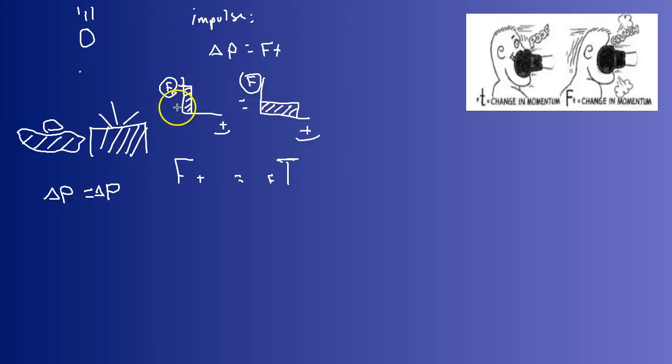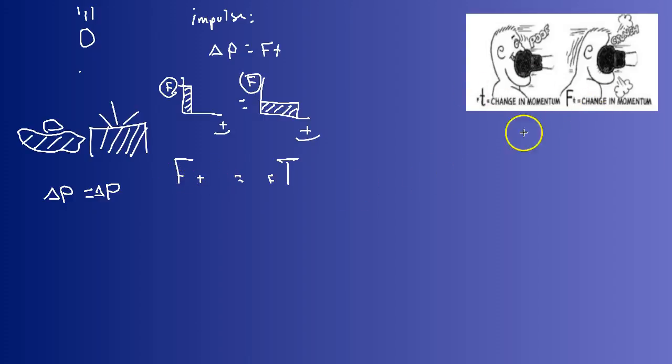Okay? And so if we were trying to drop the egg and protect it, the key would be to minimize that force. And if you're trying to break the egg, you will want to get that force to be as strong as possible. Okay? And so the key here, long collision means small force, whereas a short collision means really strong force.